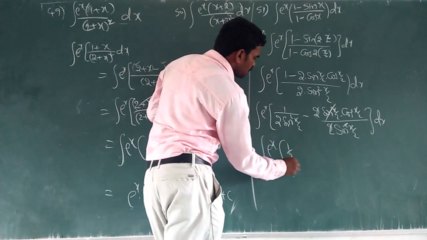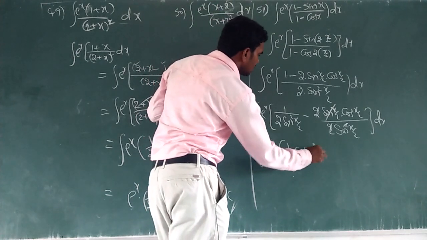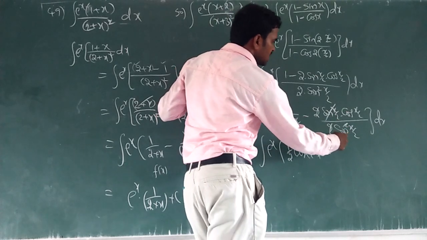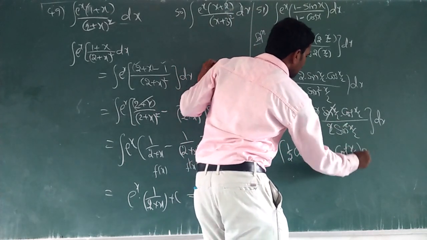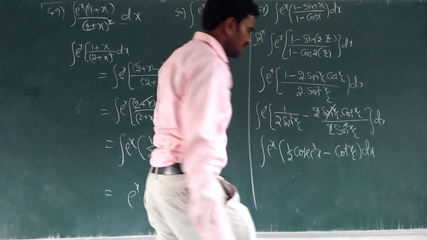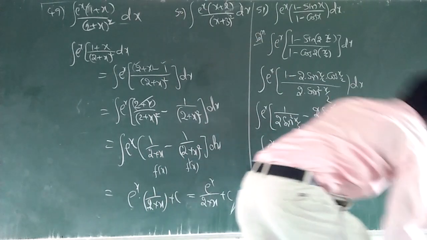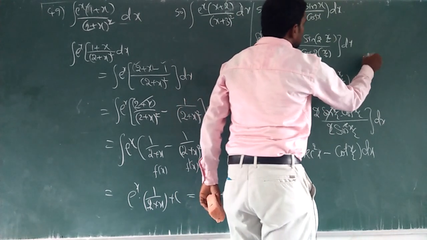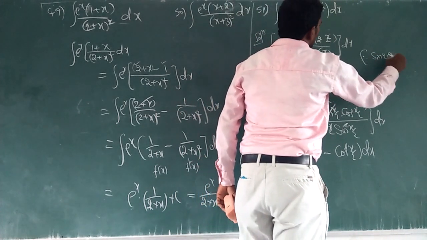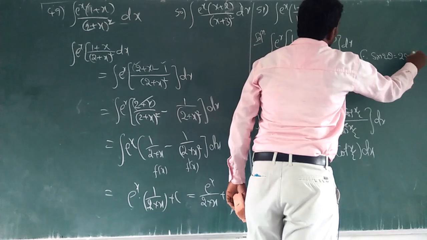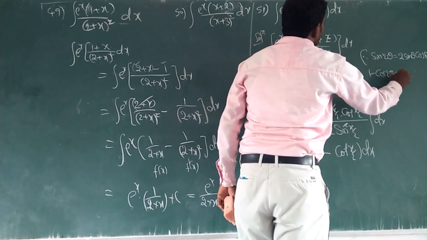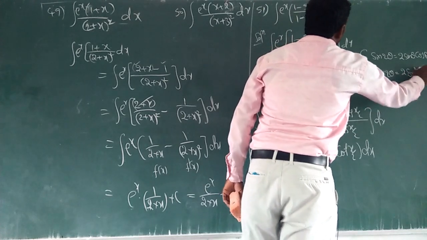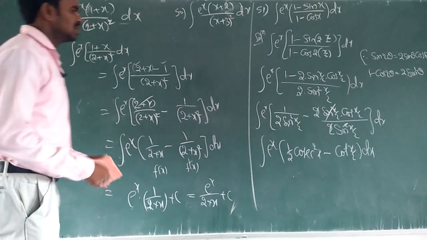So 1 by 2 cosecant square x by 2 minus cos by sin, and cos by sin means cot x by 2, dx. Okay. Just write here, since the sin 2 theta formula is 2 sin theta cos theta and 1 minus cos 2 theta is 2 sin square theta.